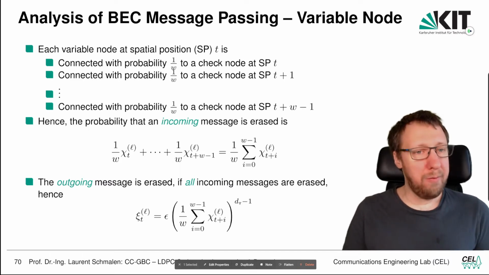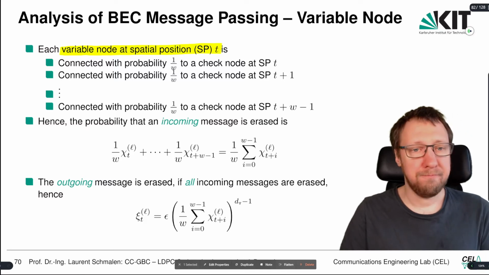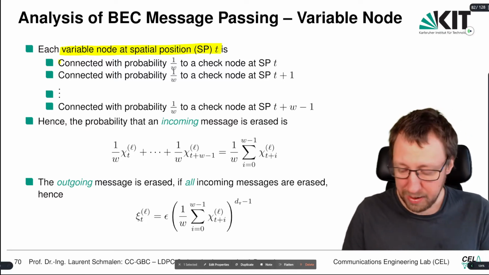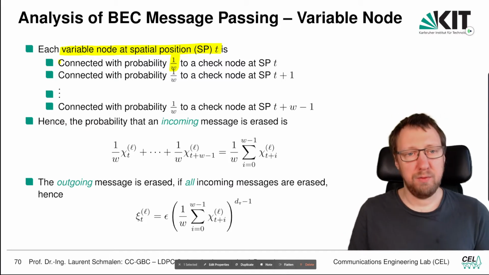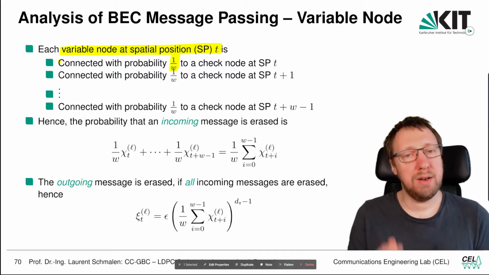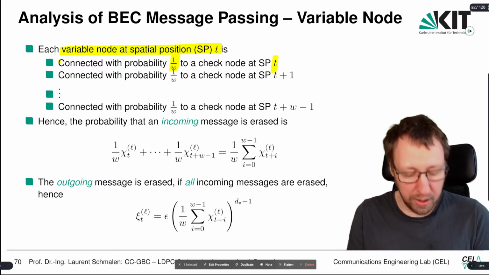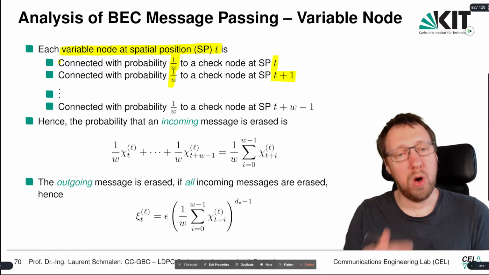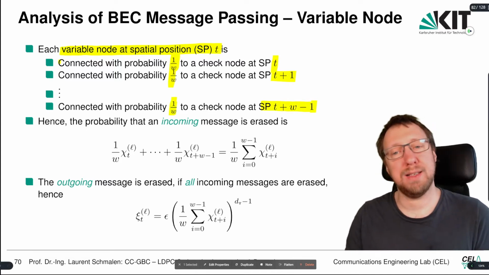So we're looking at every variable node. We're looking at a variable node in spatial position t. And this one is connected with probability 1 over W to a check node in spatial position t, with 1 over W to a check node in spatial position t plus 1, and with 1 over W to a check node in spatial position t plus W minus 1.